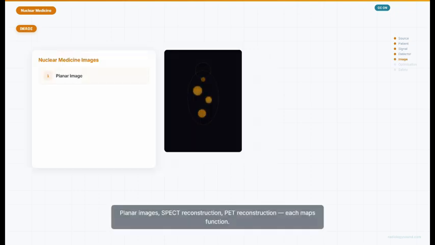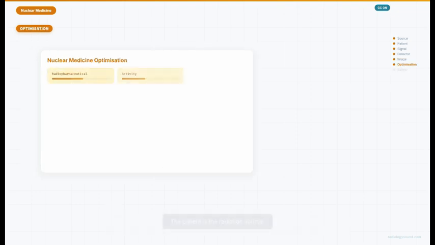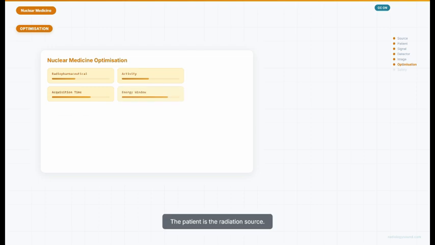Everything would be converted into an image in the end. The image will be formed from different types, depending on planar, SPECT, PET, and others, with reconstruction accordingly. And optimization is very important because of the radiopharmaceutical product you give to the patient, their activity, half-life, and energy window, and how to detect them.